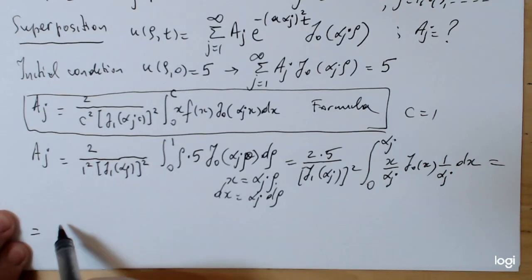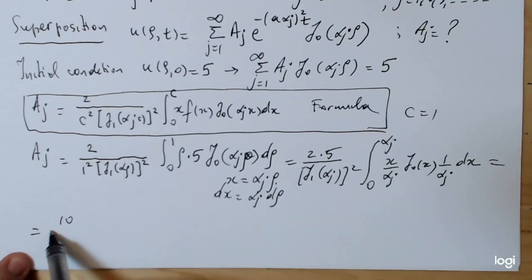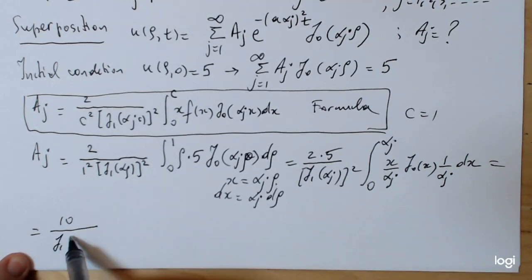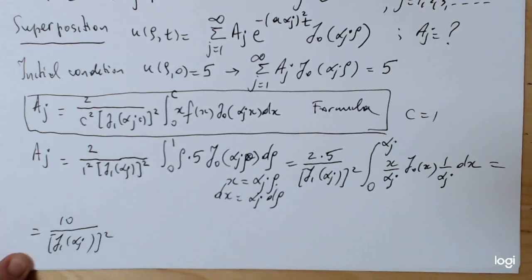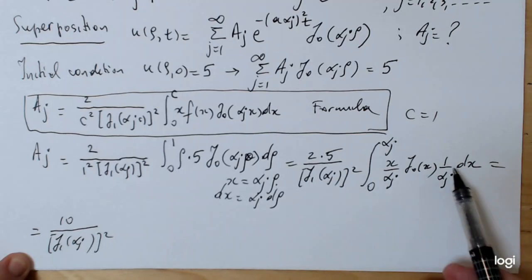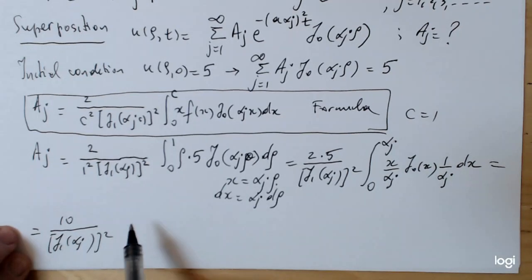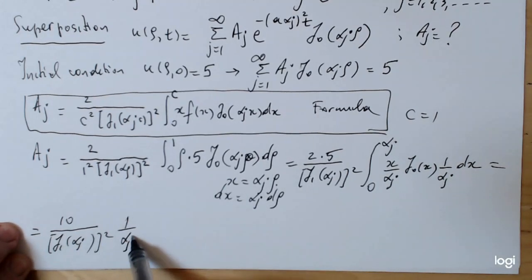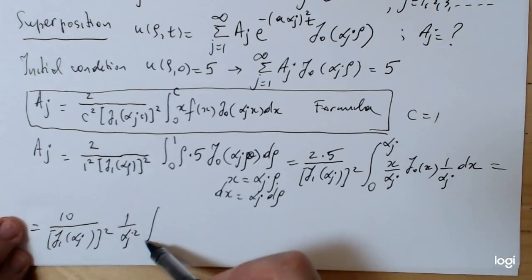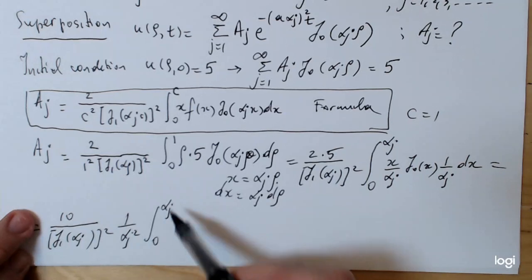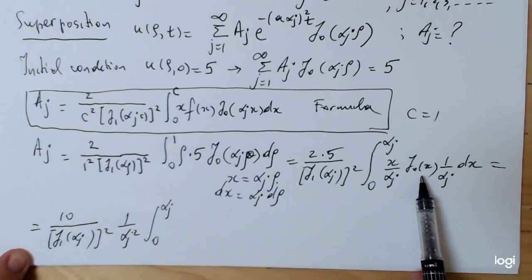We have on the left 10 over j1 of alpha j quantity squared. We can pull also 1 over alpha j squared. Again, those are constants. And you're left with the integral from 0 to alpha j of xj naught.